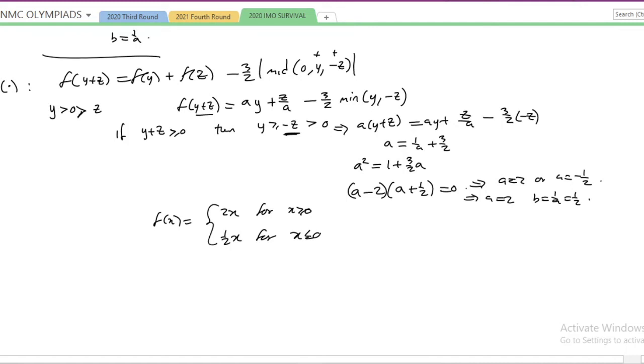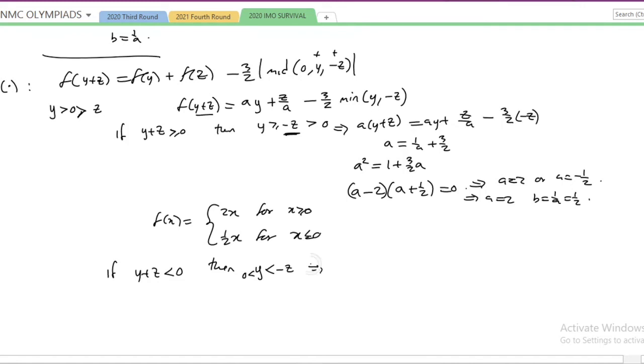Alright. Okay, so if this sum is less than 0, then this time y is less than minus z. Of course, it's greater than 0.